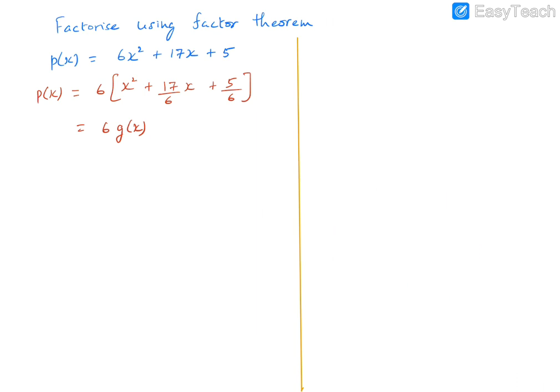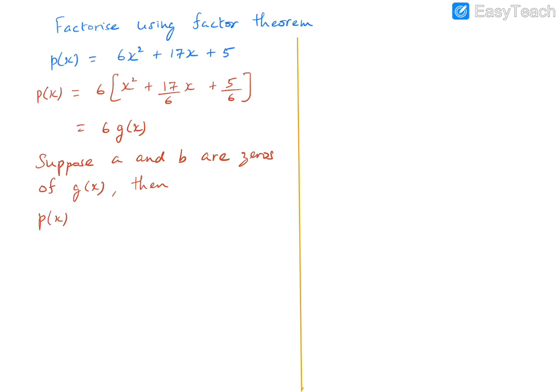Once you know the zeros of the polynomial, then x minus the zero gives us a factor of the polynomial. So suppose a and b are zeros of g of x.